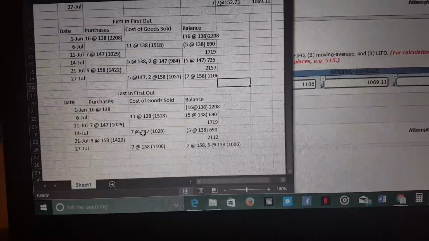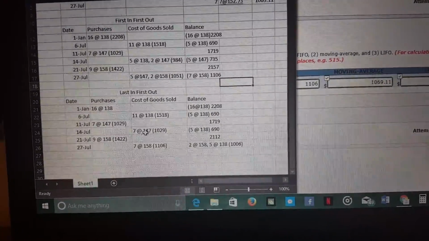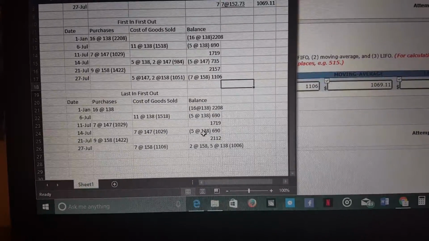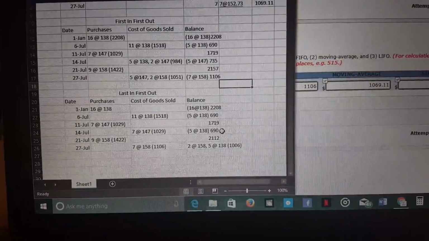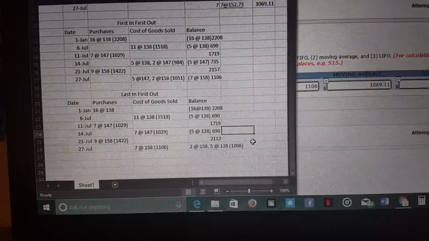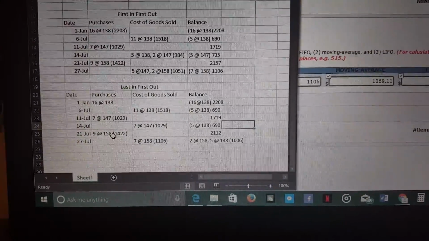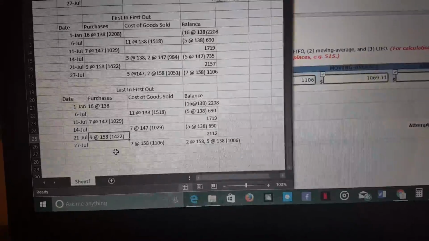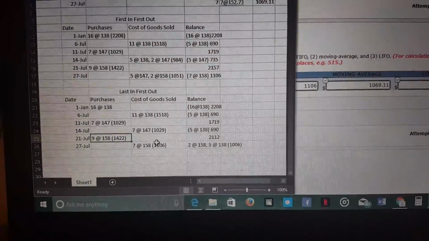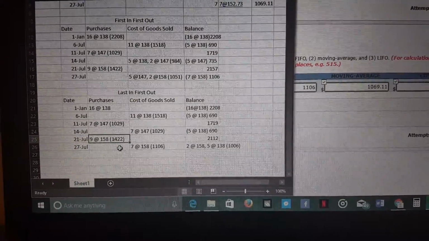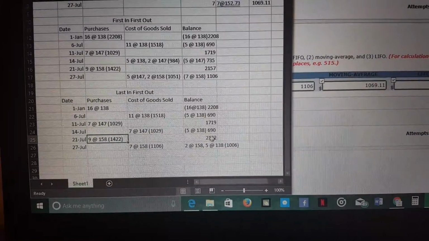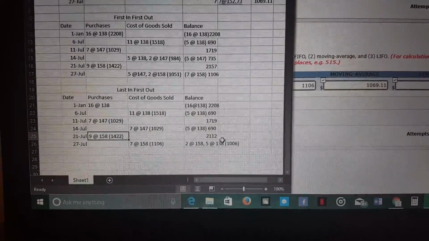And since we're only selling 7, then all of those are gone. So we have the 5 at the 138 price left over. And that gets us to the 690 again. And then we go ahead and buy 9 at the 158 price on July 21st. And so then that's 1422, and I add that to the 690 to get 2112.